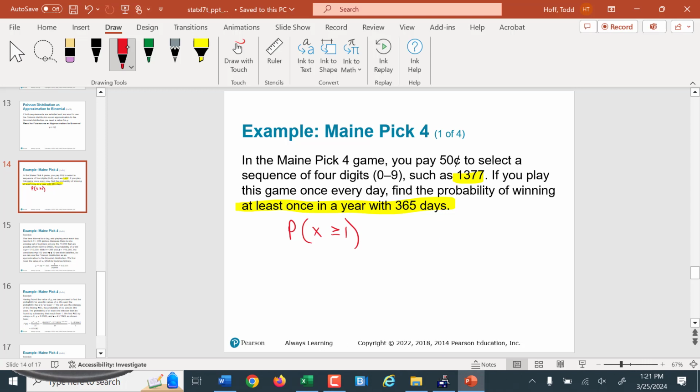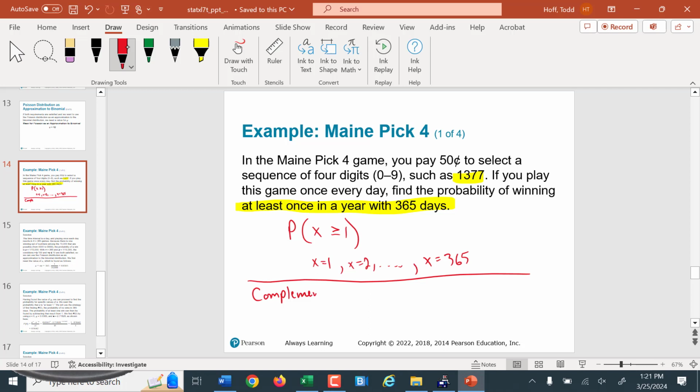That's at least once. Now that would mean we'd have to find the probability that x equals 1, probability that x equals 2, all the way up to x equals 365. We don't want to calculate 365 probabilities and add them together. So we're going to use the complement.